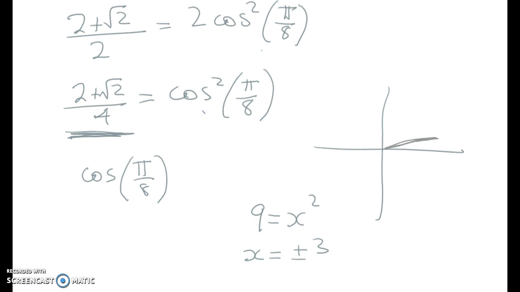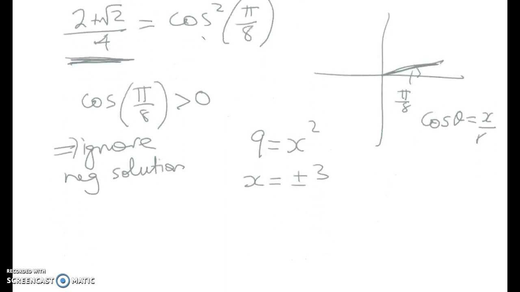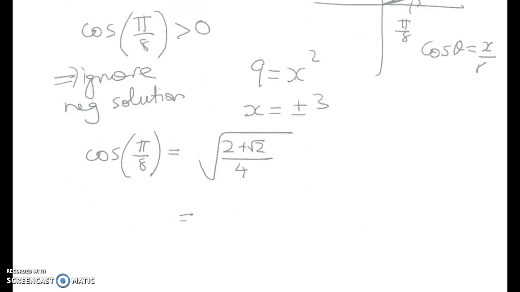So if I think about pi on 8 here, cos theta is equal to the x component over the radius, right? And so we know that cos of pi on 8 must be positive, so we ignore the negative solution, and we just take the square root of both sides. So we get cos of pi on 8 is equal to the square root of this, which is this, as required.